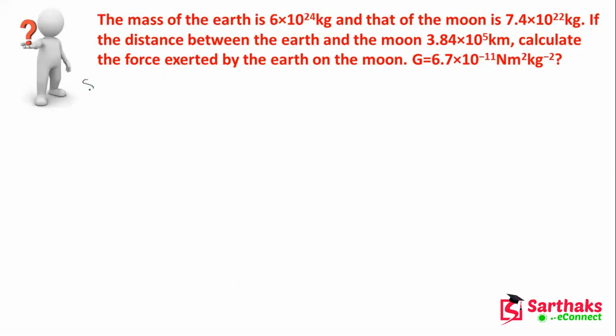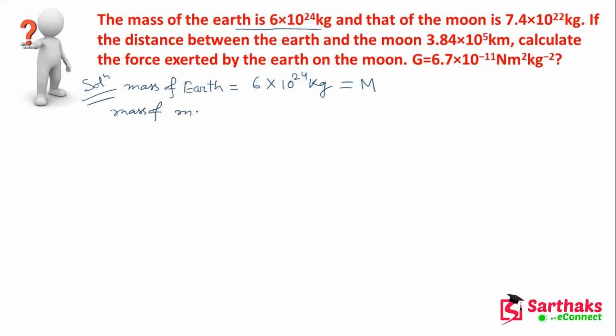Next, the mass of the earth. Earth is very big, so let the mass of the earth equal 6 into 10 to the power 24 kg, and let it be denoted by capital M, and the mass of the moon equals 7.4 into 10 to the power 22 kg.